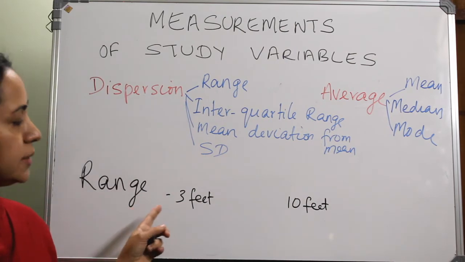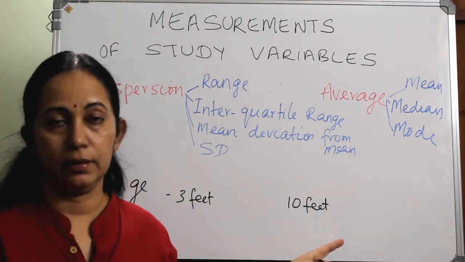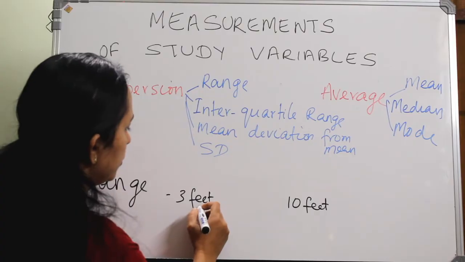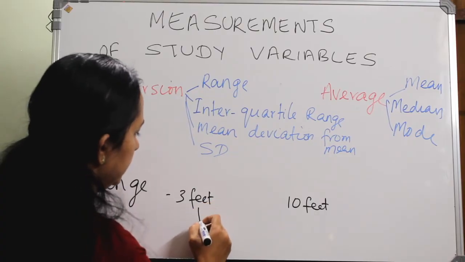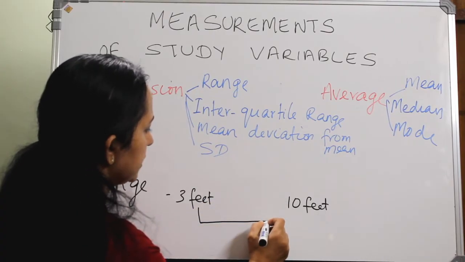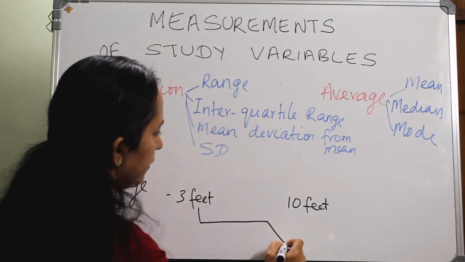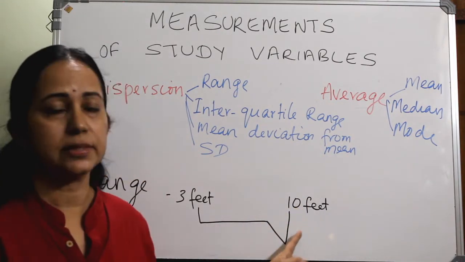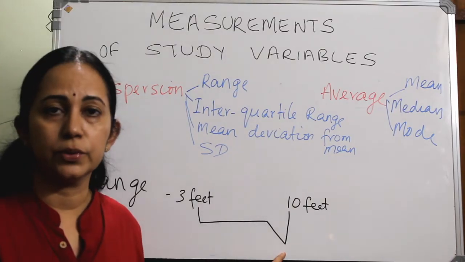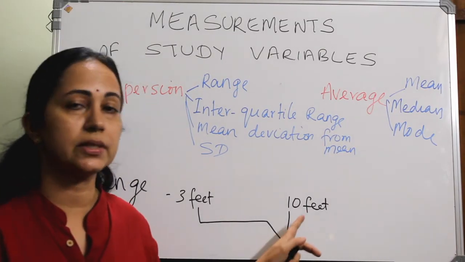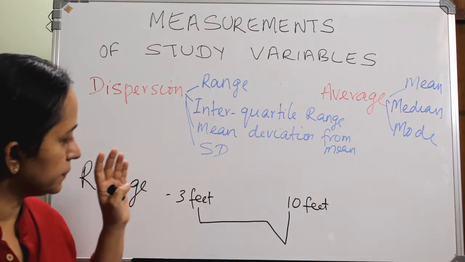Okay, so the range is 3 to 10. But suppose in most places this is 3 feet, and suddenly it is going to 10 feet. That is, there is an extreme value. So again this will make confusion. If there is an extreme value, this will not tell.